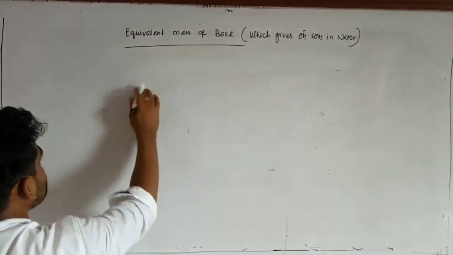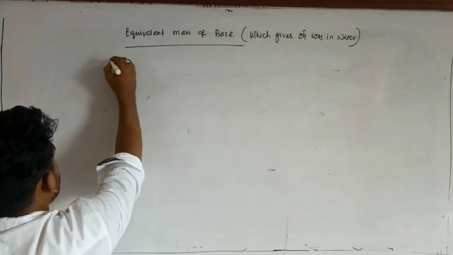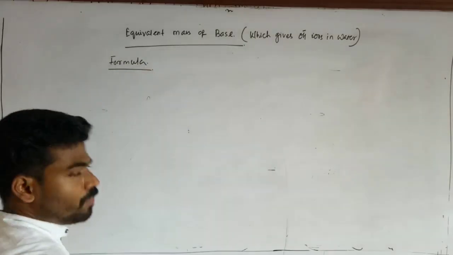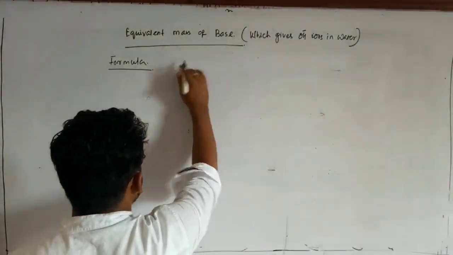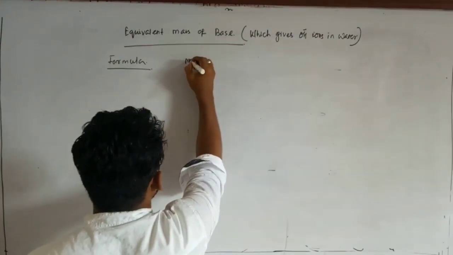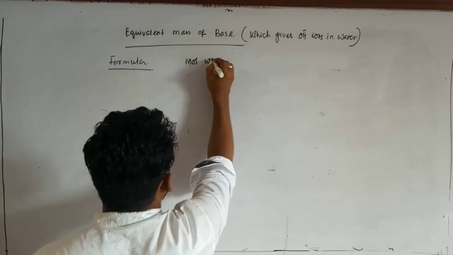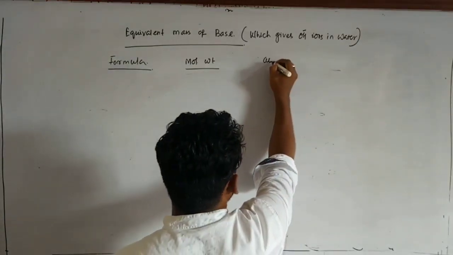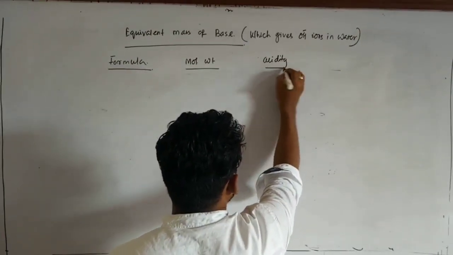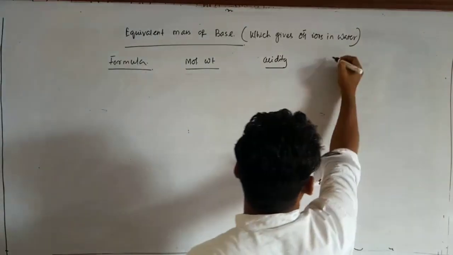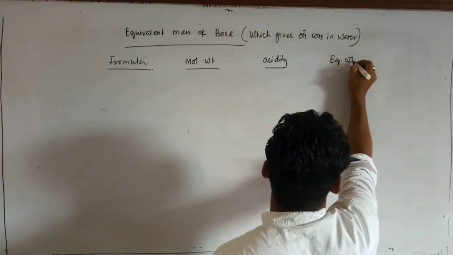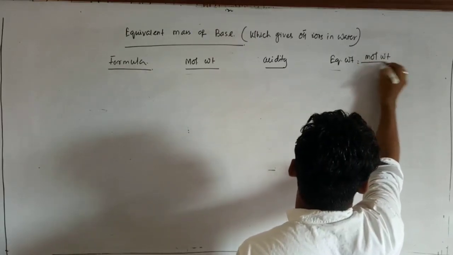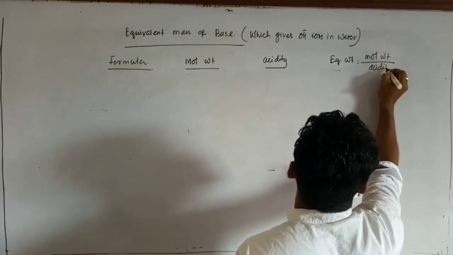Here is the formula of the base, next the molecular mass of that particular base, next your acidity, and finally you calculate equivalent weight, which is equal to molecular mass divided by acidity.